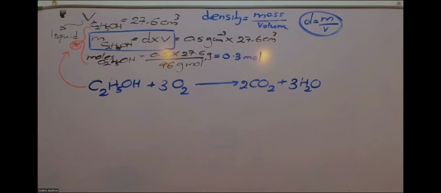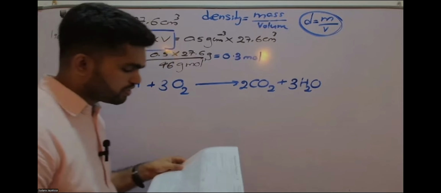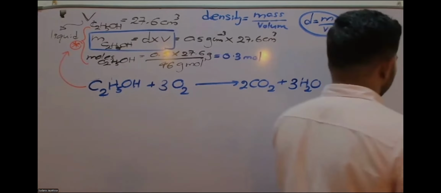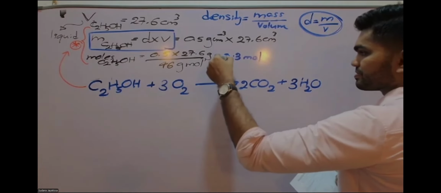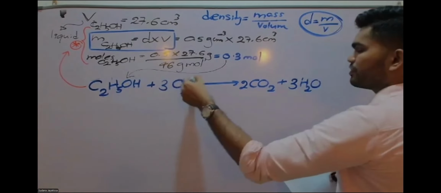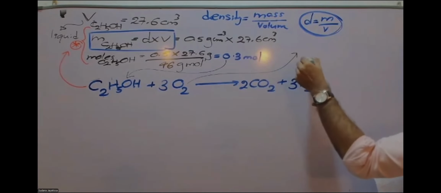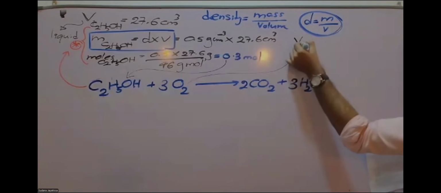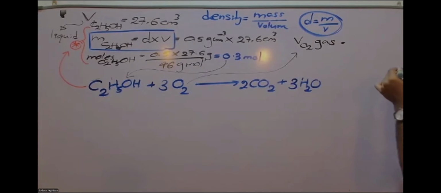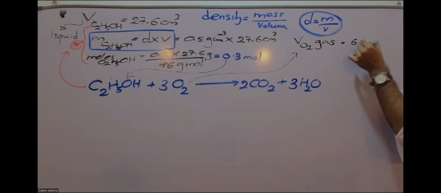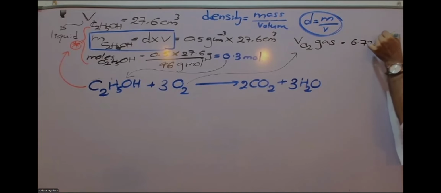Right, so now we found the number of moles of ethanol. Then there is another data given about the volume of oxygen gas. Now it is a gas. The volume is 6.72 decimeter cube.